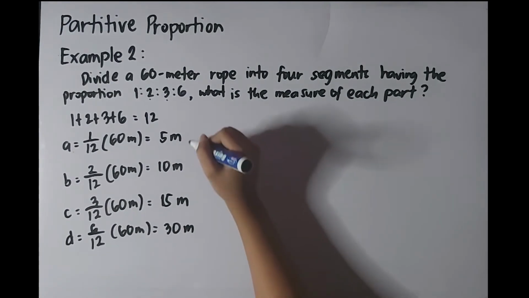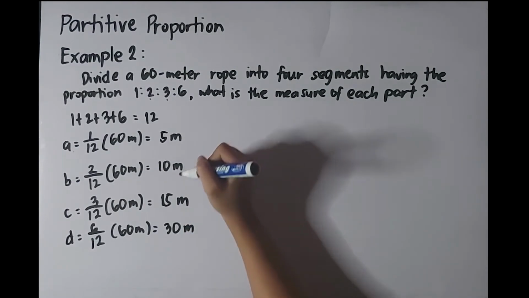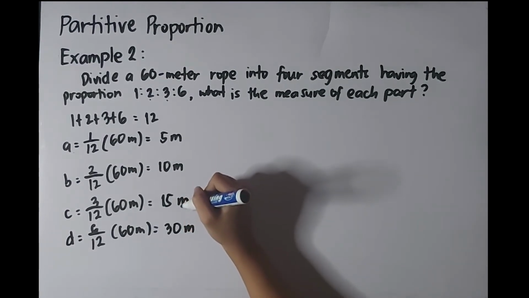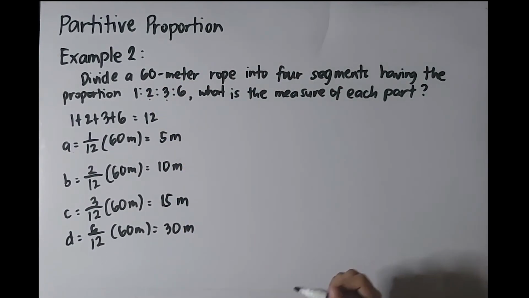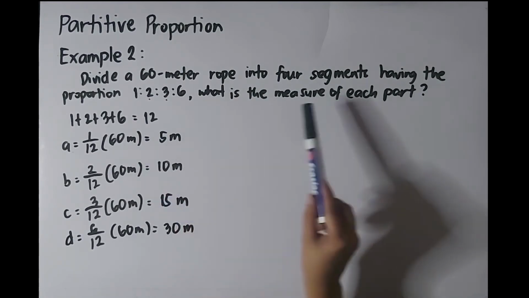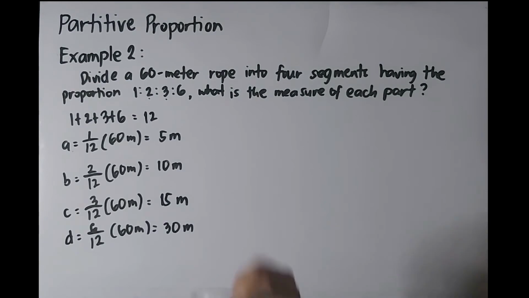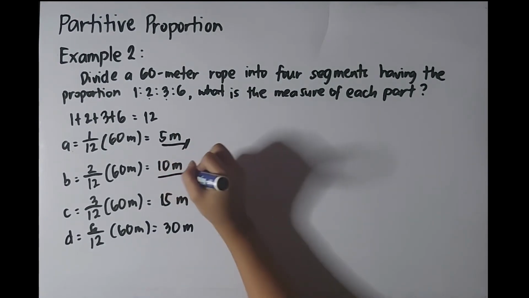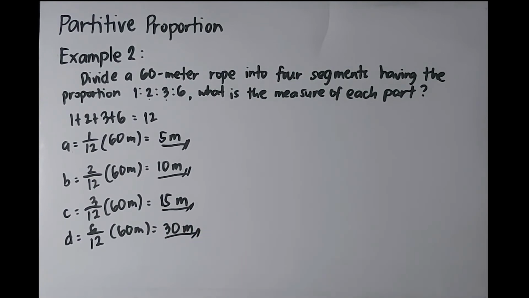So when we add these 4 measurements, we have 5 plus 10 plus 15, 15 plus 15, that is 30 plus 30. That is equivalent to 60 meters. That was divided into 4 segments. So these are the values or the measurement lengths of the 4 segments.